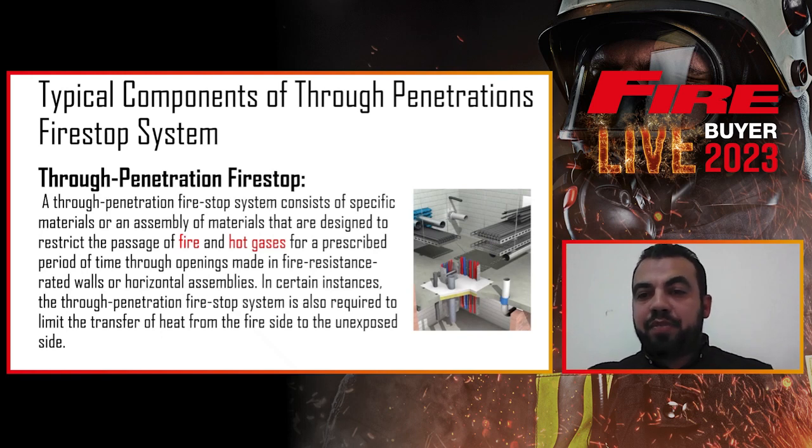We can see here in the picture, we have different types of penetrations like cable trays, plastic pipes, conduits, and different types of installations penetrating floors and walls.